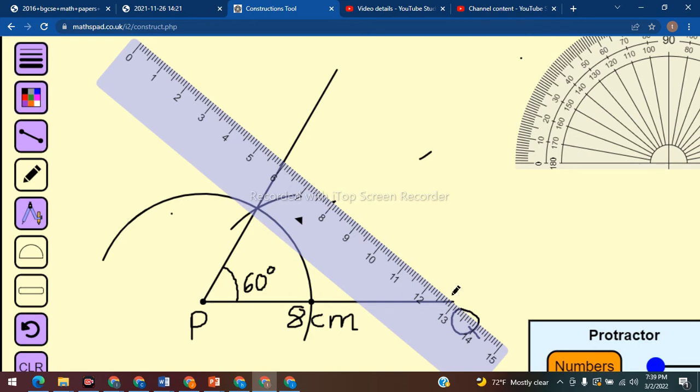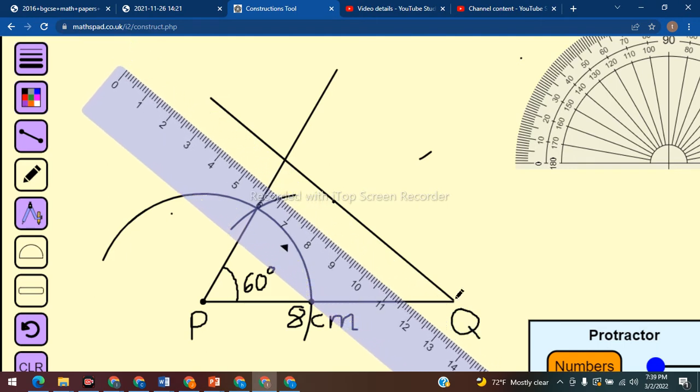Let's see how that gives us stuff. So we'll start from Q and ascend all the way up. Boom, so it crosses. I hate how that looks, I really do.